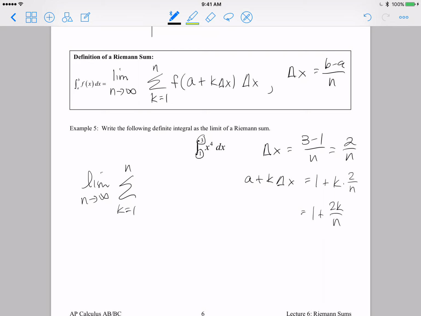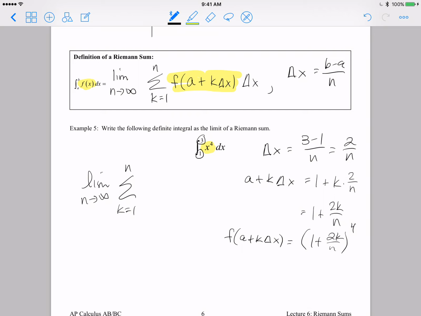What the formula says here is that we do f of a plus k delta x, where f is the function that we are integrating. So in this case, we're integrating x to the 4th. And so f of a plus k delta x is just going to be what we found for a plus k delta x raised to the 4th power. So 1 plus 2k over n raised to the 4th.